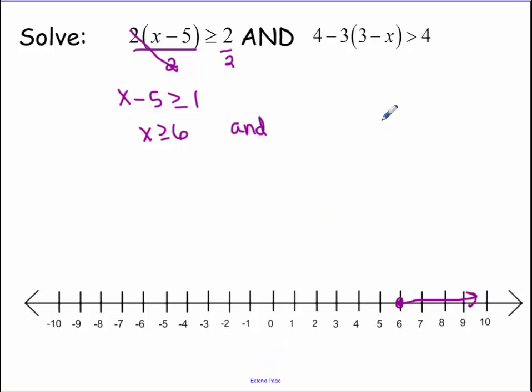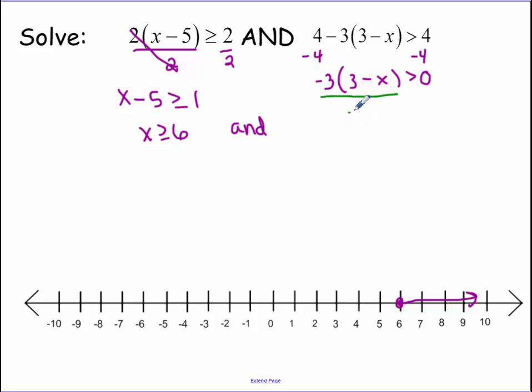So then we also want to look at this example. Let's subtract 4. That leaves me with a -3. 3 minus x greater than, when I subtract 4 I get 0.